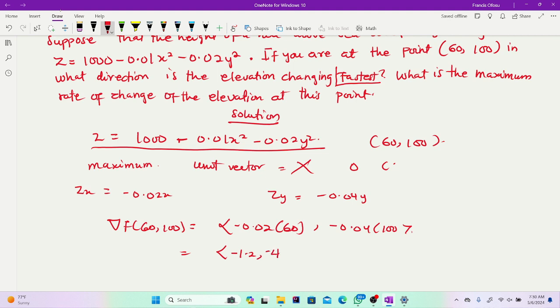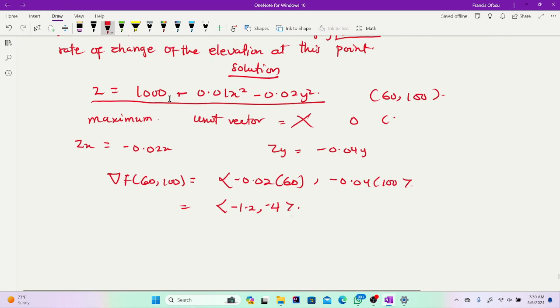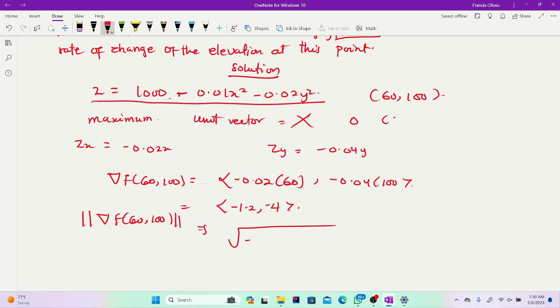So once you get this, remember that the maximum value, as I said, is the absolute value of our directional derivative, f at 60 comma 100. So to find the absolute value of this, you're going to get the square root of negative 1.2 all squared plus negative 4 all squared. And this is giving us the square root of 17.44, which is equal to 4.176.